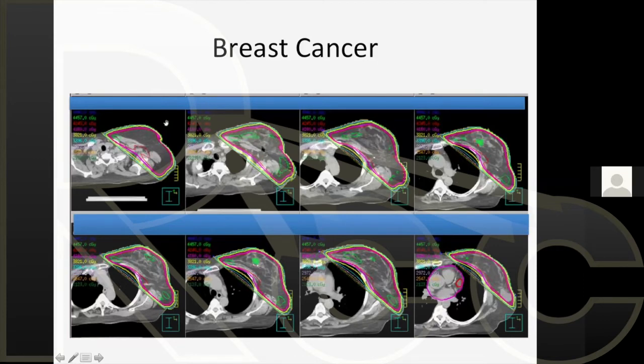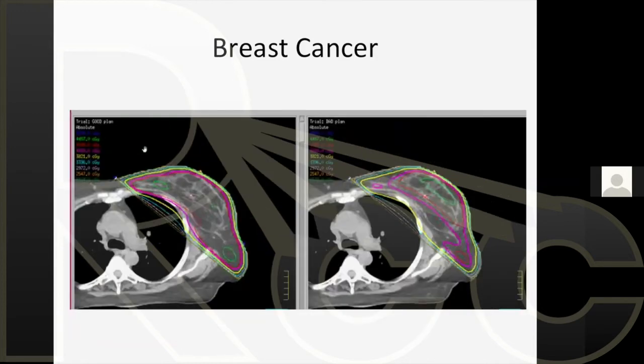But as you can see from the previous one, the red isodose line is much better covering the entire breast tissue, right? Yes, we're closer to the heart, but we still don't have dose to the heart, and the amount of lung is actually pretty low. So this is a better plan, not because of the normal tissue, but because we're covering the area we want to cover.